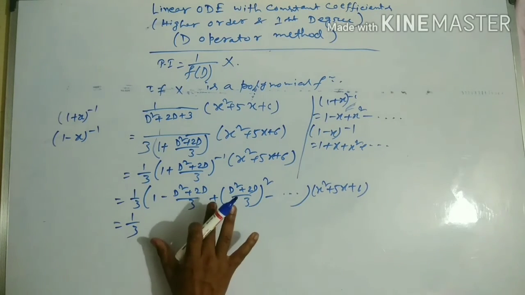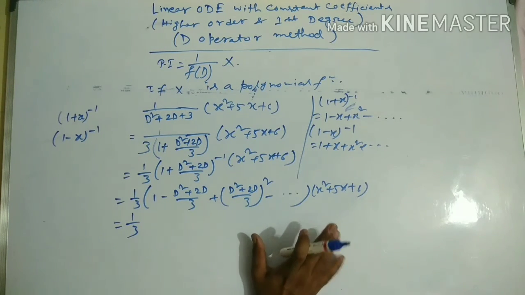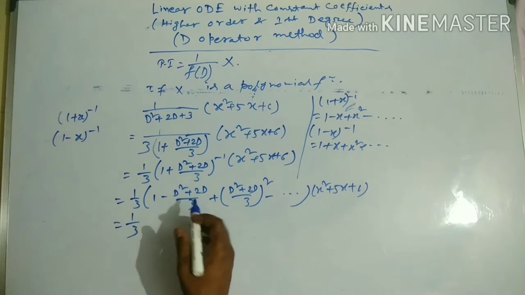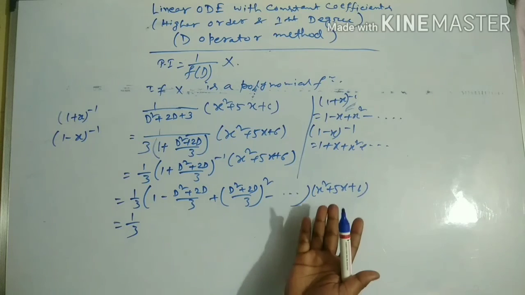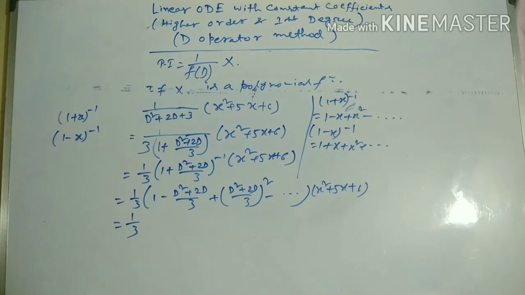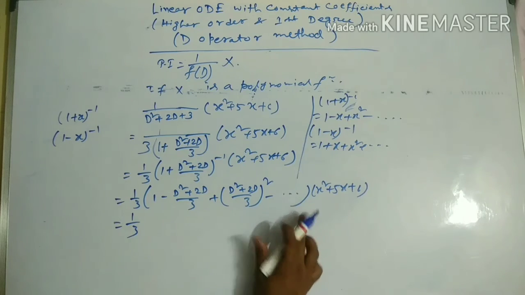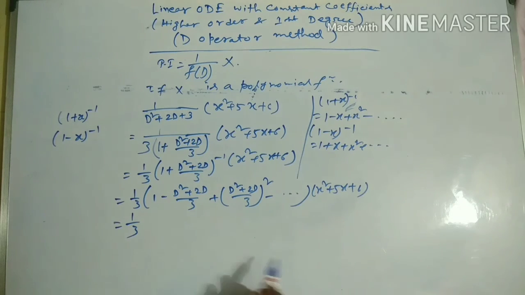See, this is the operator which is operating on x square plus 5x plus 6, and all the d's are in the numerator. So these d's will differentiate this function. If we differentiate this function once, it will be 2x plus 5. If we differentiate twice, that will be 2, and if we differentiate thrice or more, it will be 0.